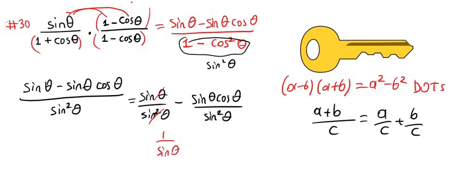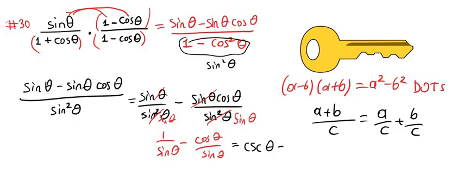Here again, sine cancels one factor of sine squared theta. So we have sine theta in the bottom. Minus, we have cosine theta over sine theta here. We know that 1 over sine theta is cosecant theta by the reciprocal identity, and cosine over sine is cotangent. I think we can leave it in this form.